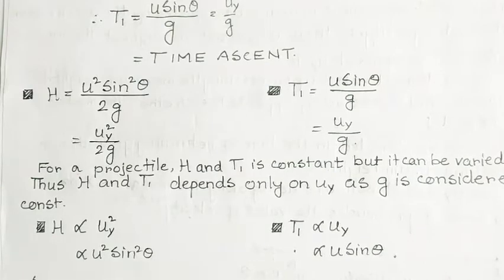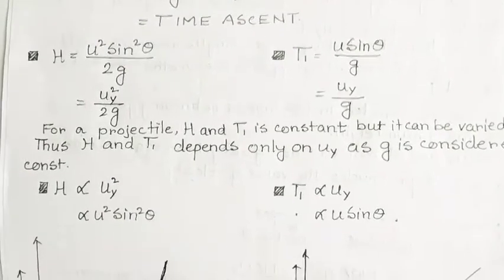So if I want to observe how the maximum height and the time of ascent change with uy, the y component of initial velocity, then two variations are shown: one is the linear variation, the other is the square variation. We will see this.